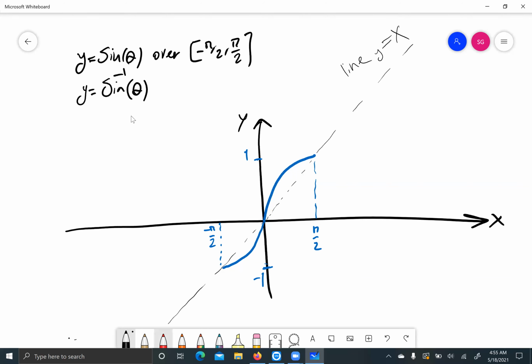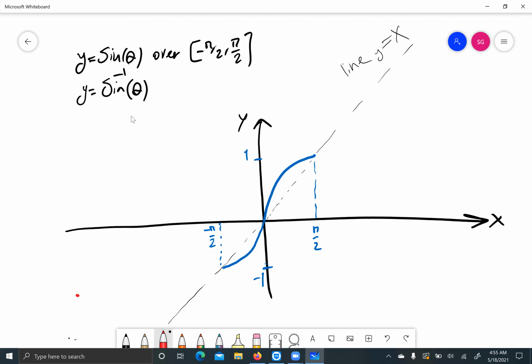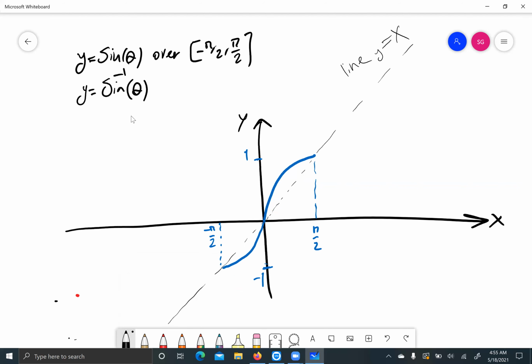If two graphs are inverses of each other, then using this line we should be able to draw that graph. It's just a mirror image. I'm going to treat this line as a mirror and then draw the graph of the inverse.